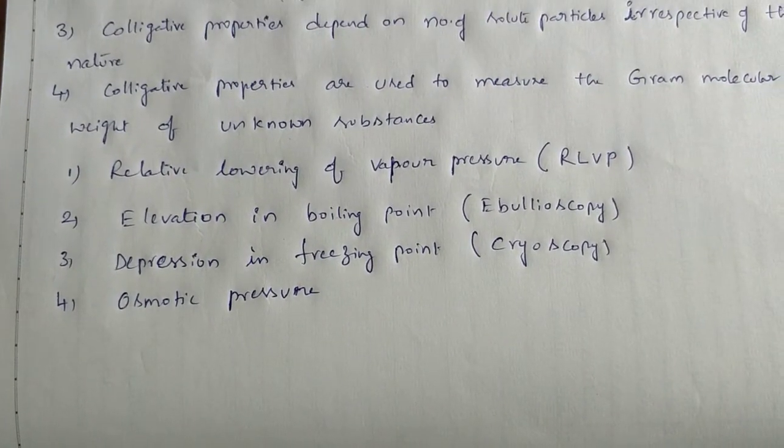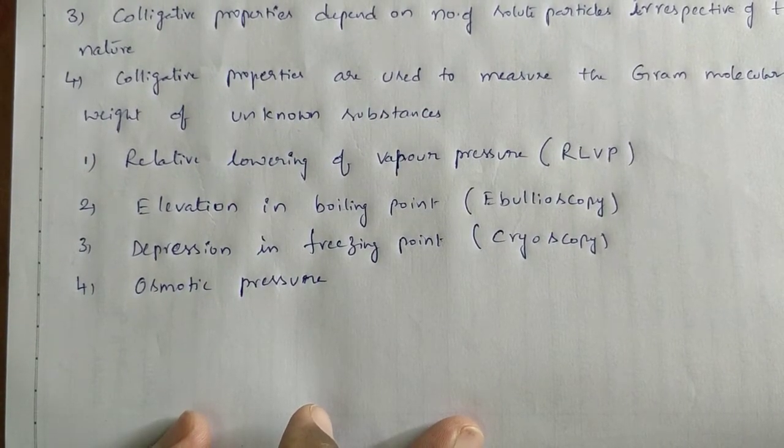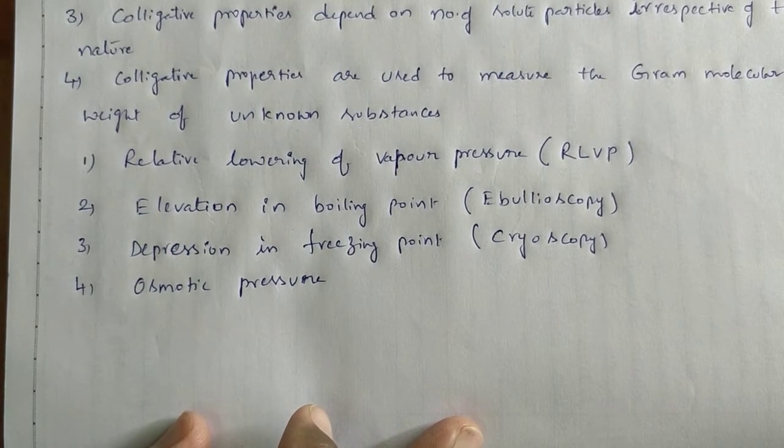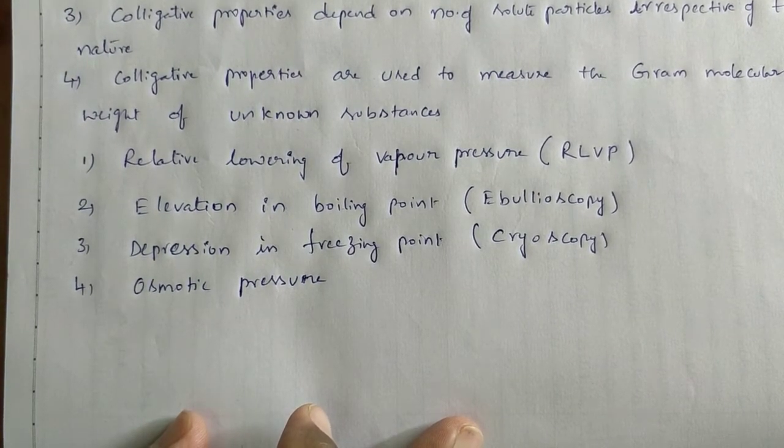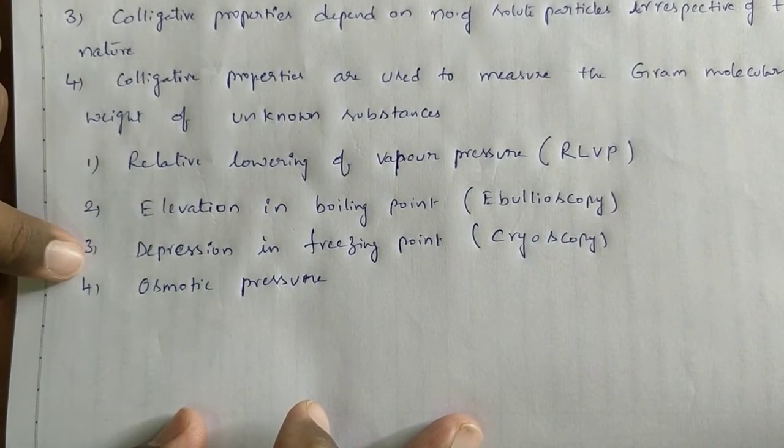These are the 4 colligative properties. What are those? First one, relative lowering of vapor pressure. Second one, elevation in boiling point. Third one, depression in freezing point. And fourth one, osmotic pressure.